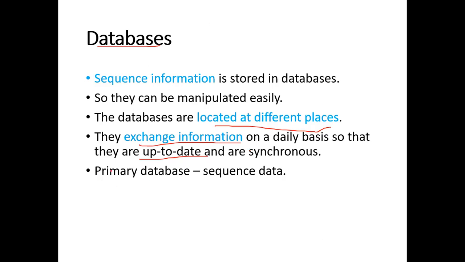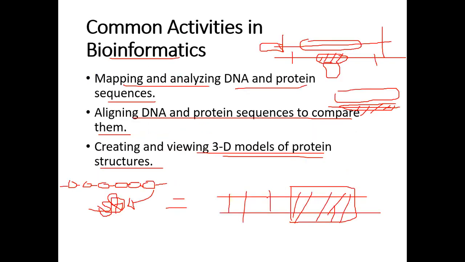So these primary databases collect sequence data like DNA sequences and protein sequences, and the derived data, like cancer-related data, are in secondary databases. So in primary databases, you can find sequence data, especially of DNA and protein.